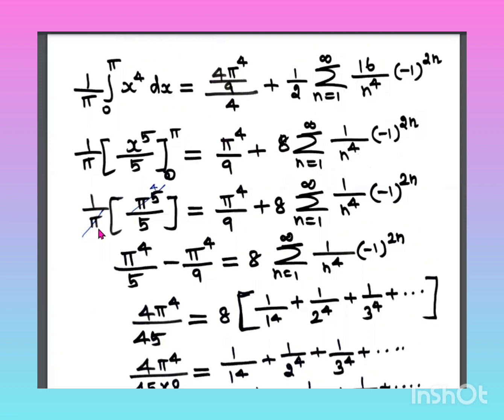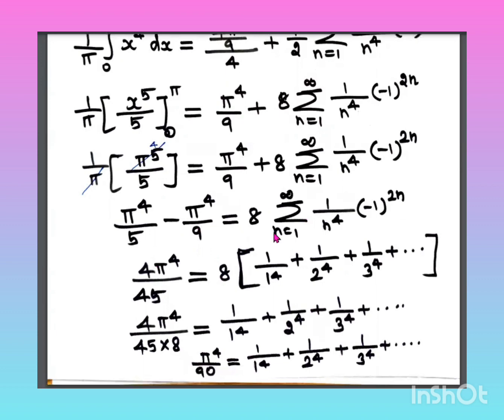So 1 divided by pi, pi power 5 divided by 5, so pi power 5 divided by pi will be pi power 4 divided by 5. This pi power 4 by 9, if it goes to the left hand side, gives pi power 4 by 5 minus pi power 4 by 9, which is equal to 8 into summation n equal to 1 to infinity 1 divided by n power 4 minus 1 power 2n.